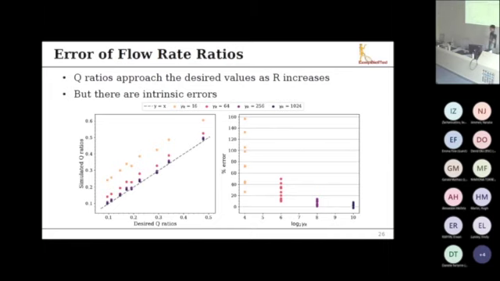At the largest resistance tested, the error is within 7%. However, we also observe some intrinsic errors, namely that the error doesn't approach 0 as the resistance increases. This may be explained by the fact that the simulation is not completely convergent.